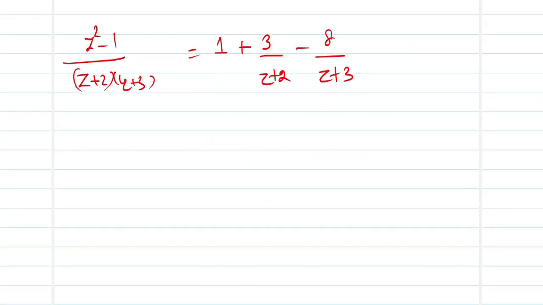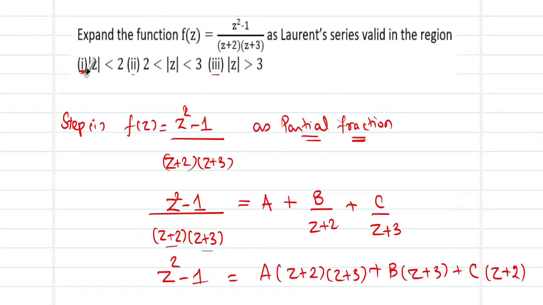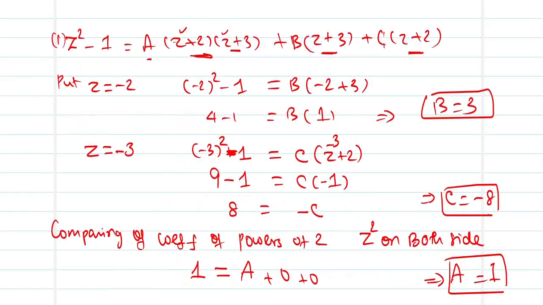Now my step 1, which is the partial fraction, is ready for me. Now I will have to expand each of these in the three different zones which have been given to me. Let me consider the first zone, mod z less than 2.